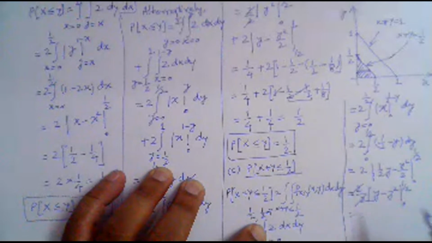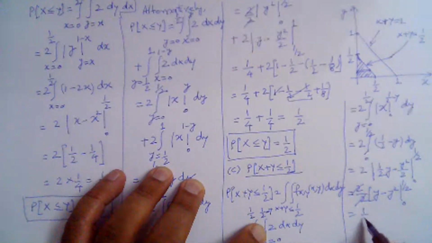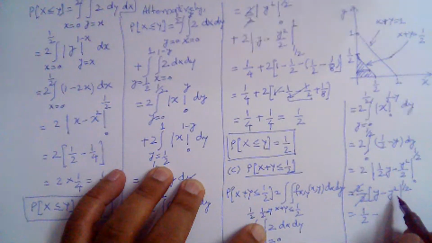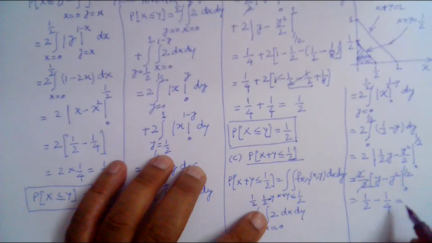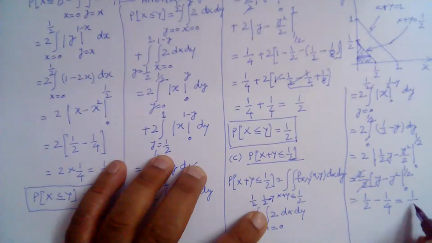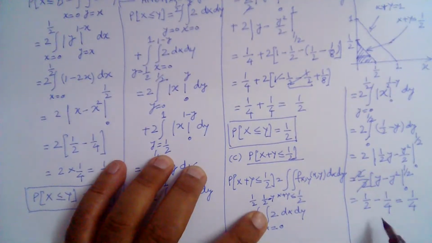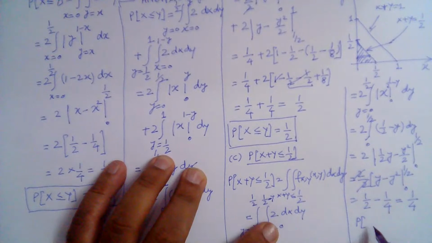So this cancels out. So this will be 1 over 2 minus 1 over 4. So that is basically 1 over 4, right? So the probability that x plus y is less than or equal to 1 over 2 is equal to 1 over 4.